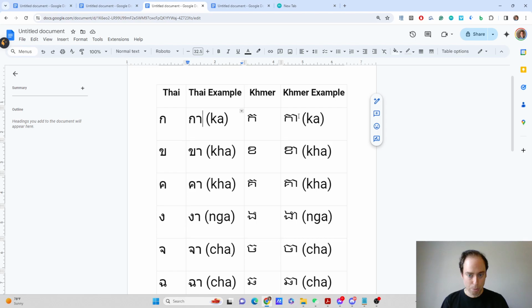And these languages both have that. You can see this K sound looks like an upside down U. This also has an upside down U with an additional wavy line, which you're going to see in Khmer comes up quite often. But yeah, you can see they kind of look similar.